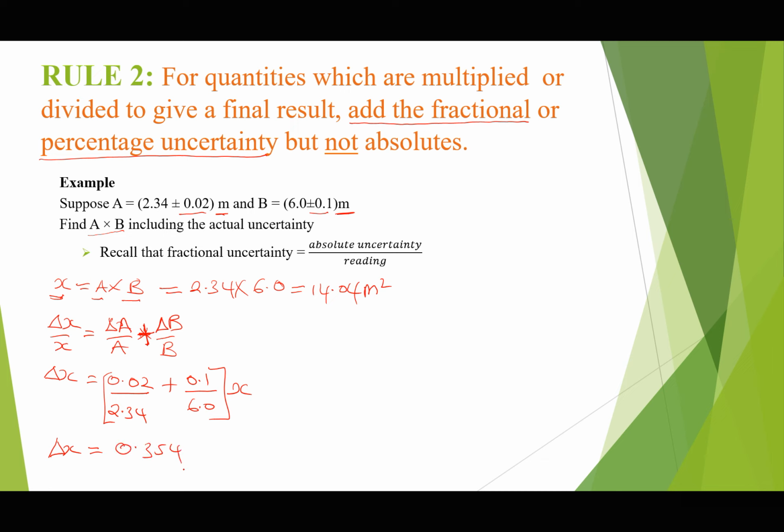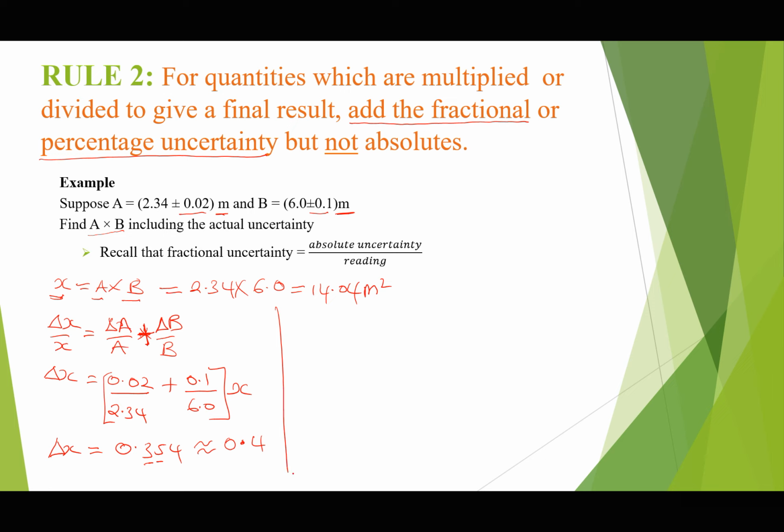You can verify and see. But remember, it should be to one significant figure. Rounding this off to one significant figure, the first non-zero digit gives 0.4.